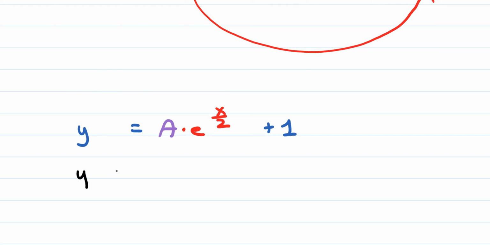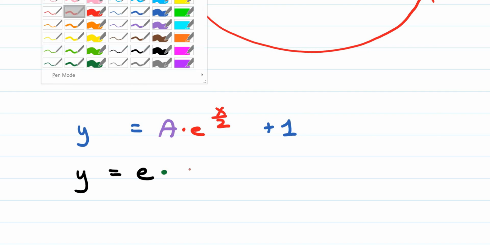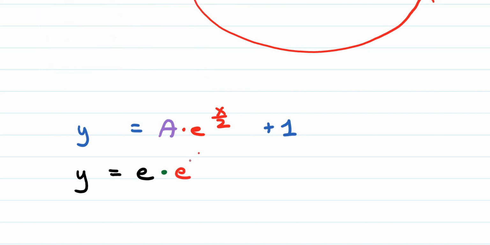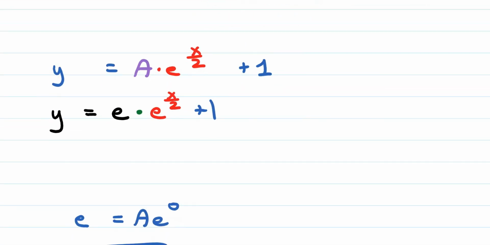If I update this formula here, it's going to be y equals e times, I'll put this part in red now, e times e to the power of x over 2, and then plus 1. And after that, I just need to isolate. So let me just erase all that too.